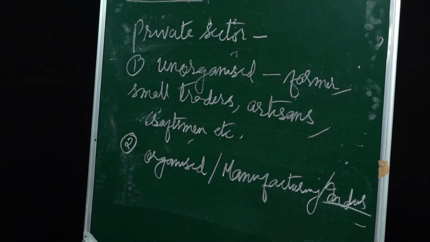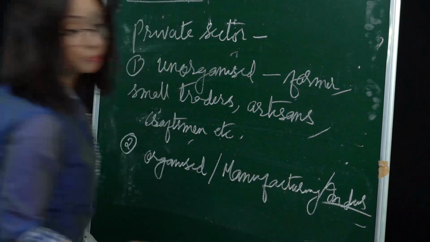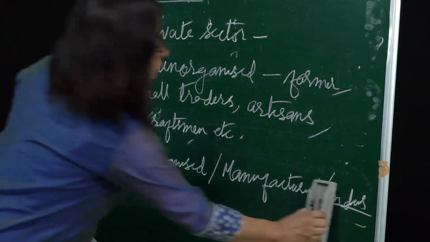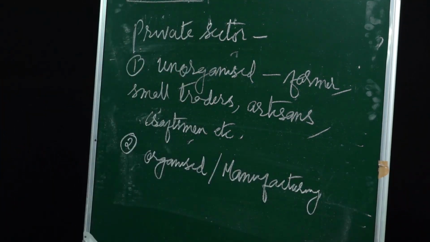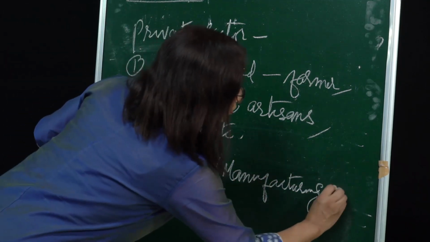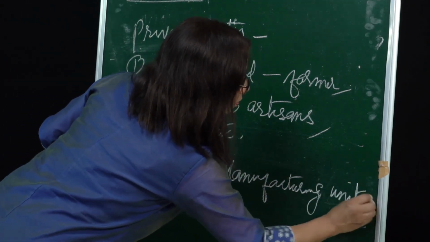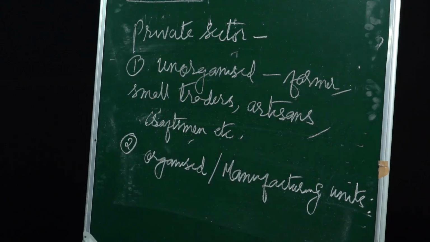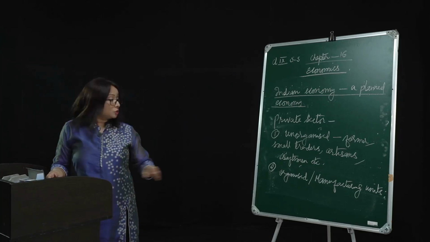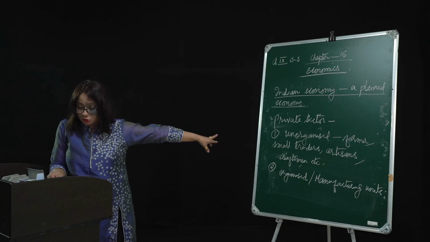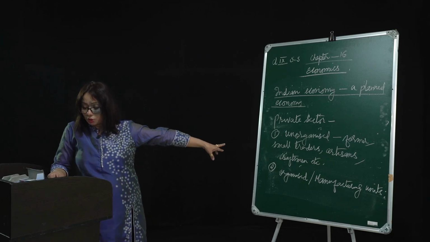Here we have three types. So the private sector consists of the unorganized sector that I have written on the board and manufacturing units or industries.